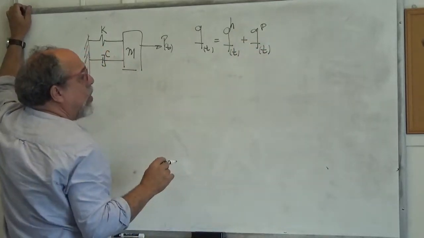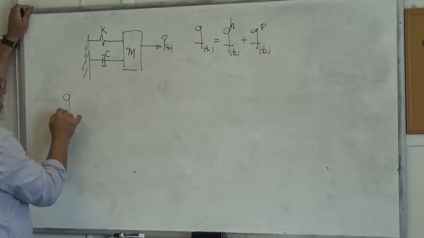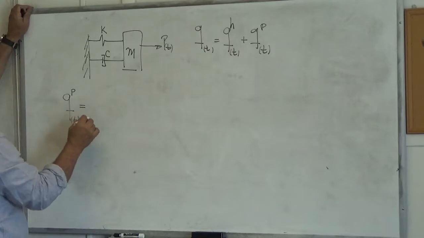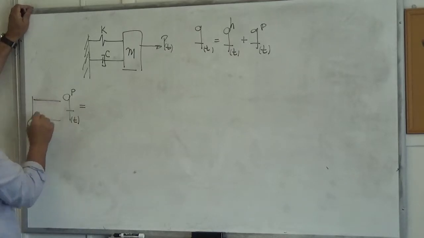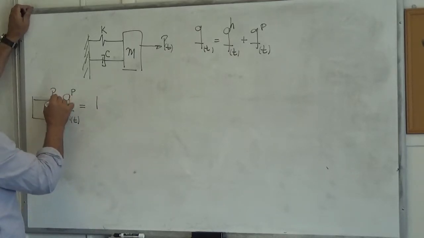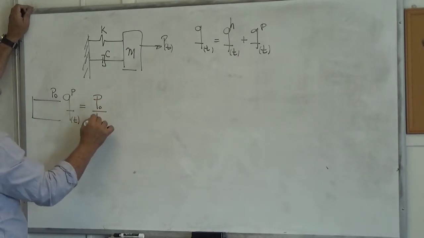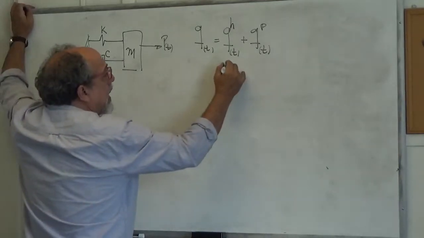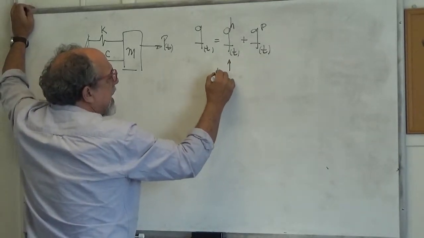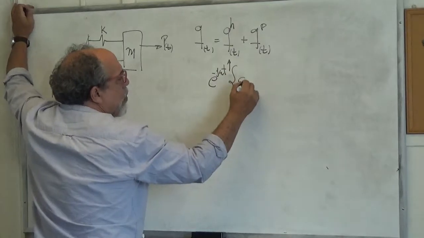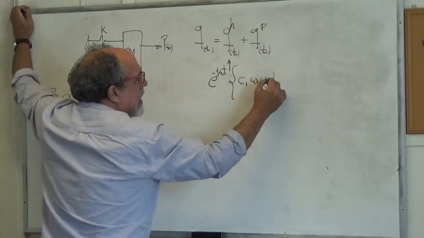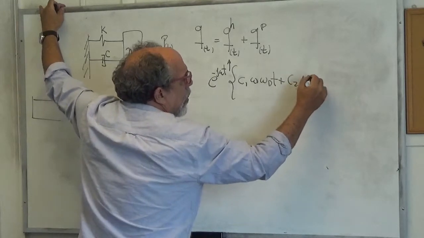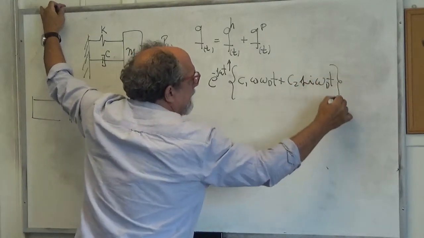And we have now obtained a particular solution to the step load, which we found was simply P0 over K. The homogeneous solution is, in all cases, e to the minus psi omega t, C1 cosine omega damp t, plus C2 sine omega damp t.